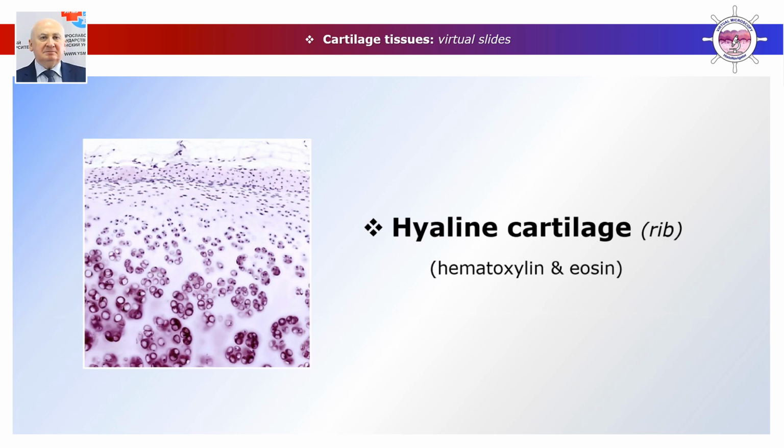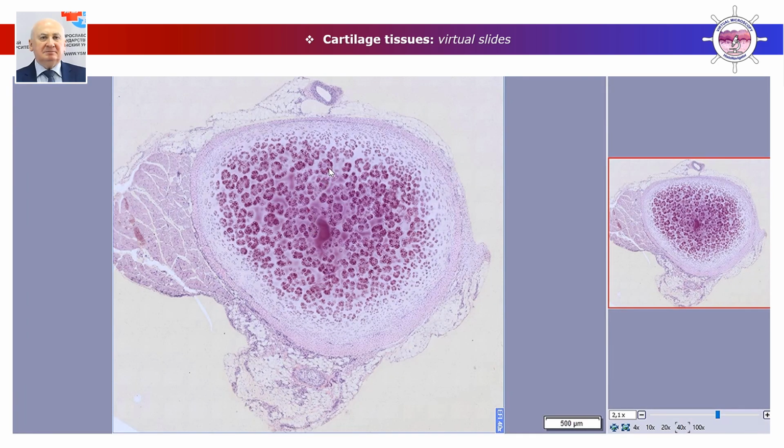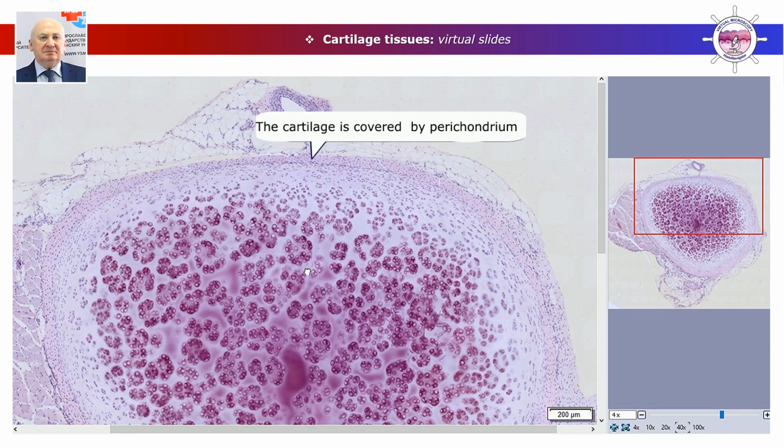Hyaline cartilage of the rabbit rib. The cartilage is covered on the outside by perichondrium.